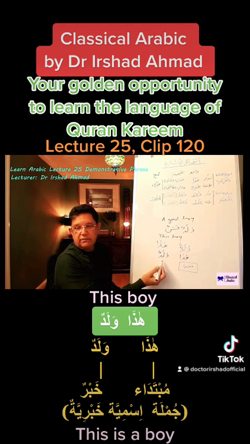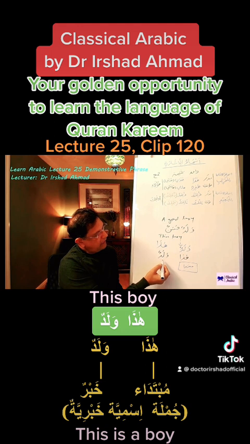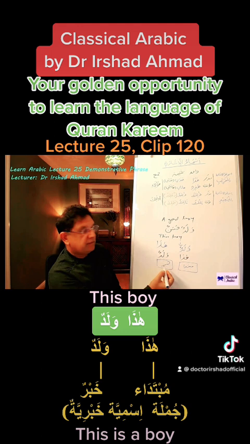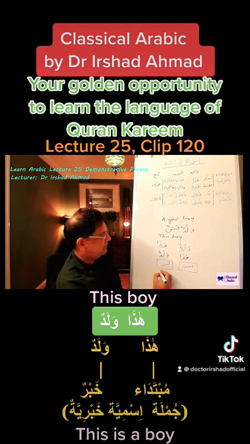Waladun is indefinite, and we know khabar is usually indefinite, so it can take the slot of khabar. So mubtada and khabar will combine to make jumla ismiya khabariya, and our translation will be this is a boy.